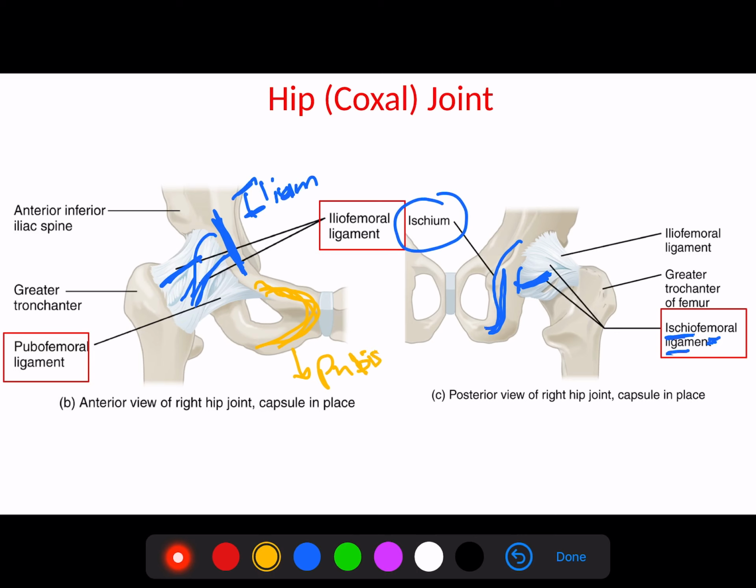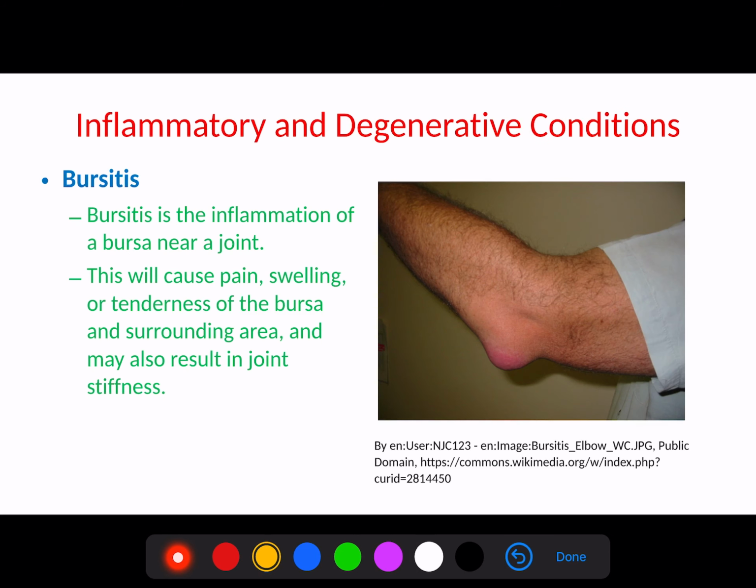So from here, there is the pubofemoral ligament. So these are the three ligaments that you need to know for the hip joint: the ischiofemoral, the iliofemoral, and the pubofemoral.